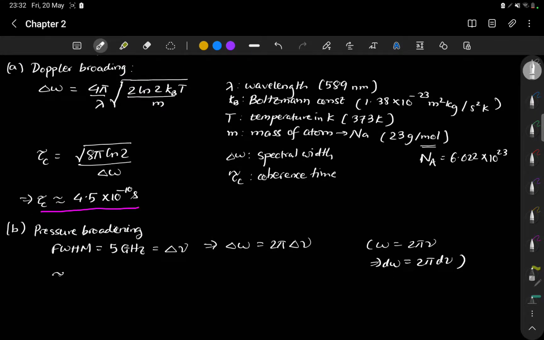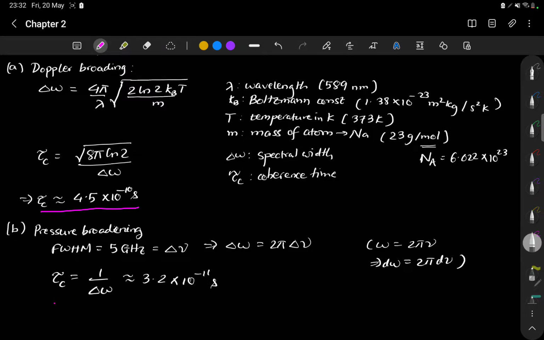Now in this case tau c, by definition of coherence time, is 1 over delta omega. Plugging in the values, we have delta nu equal to 5 gigahertz. Multiplying by 2 pi, we get delta omega. If we take the reciprocal, we get tau c, the coherence time. Just putting the values in the calculator, we get the following.